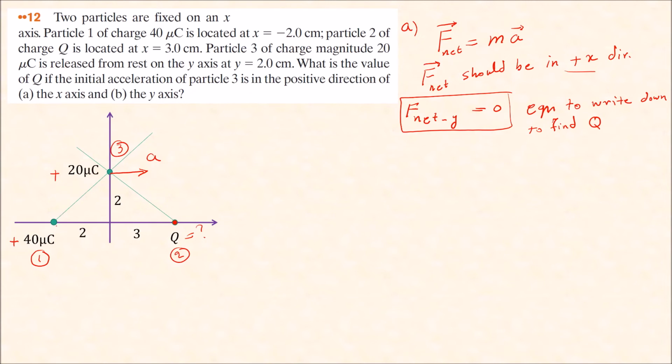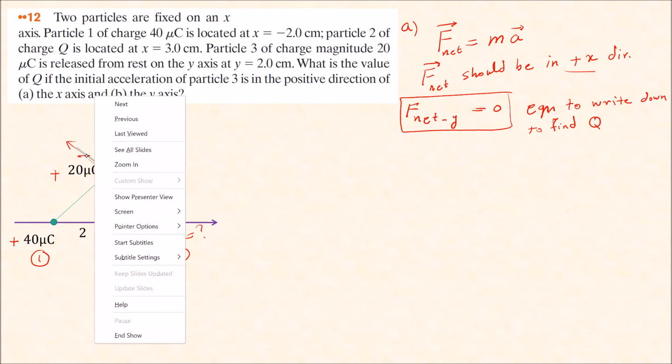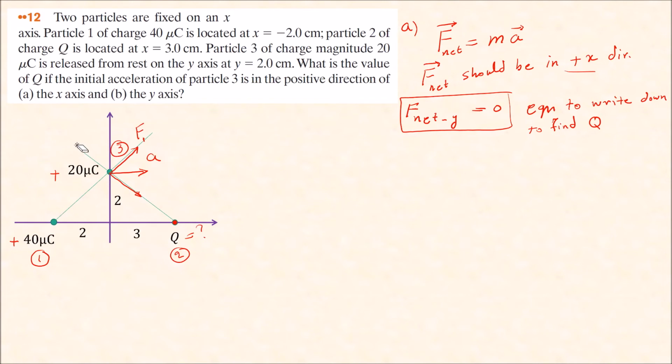If both of those are positive, then the force of 1 on 3 will be repulsive, so it will be in this direction. So this is F1. And in order for the y component to cancel, this Q should be attractive so that the force is this way. Because if it is also positive, the force will be repulsive, in the other direction, and we don't need it to be in that direction. Okay, so this is F2.